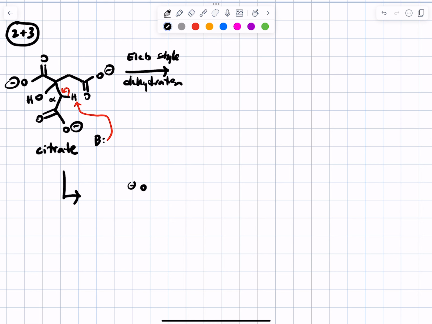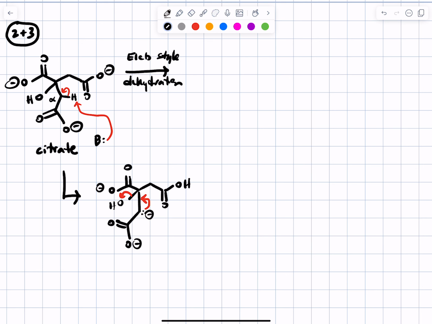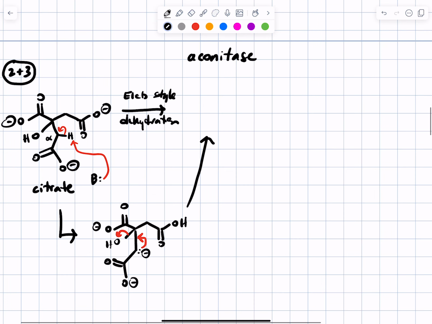I'll draw that intermediate for you. And then electrons kick down and OH minus leaves as a leaving group. That's the dehydration step that frequently followed an aldol reaction. And the product that's formed after that is an alpha beta unsaturated carbonyl compound.